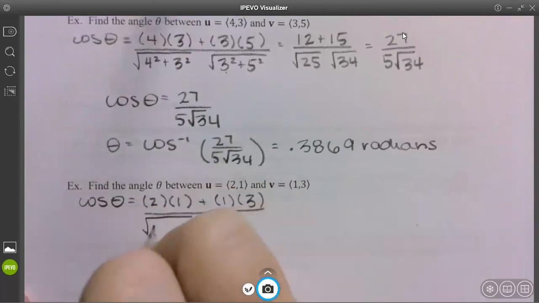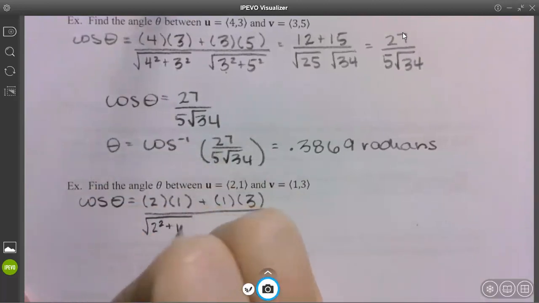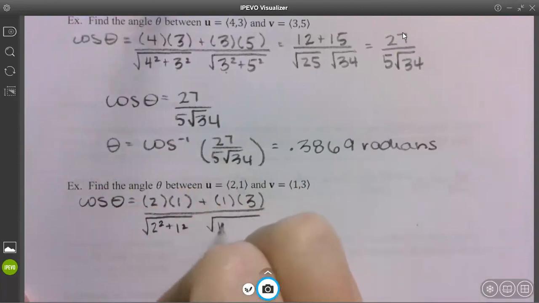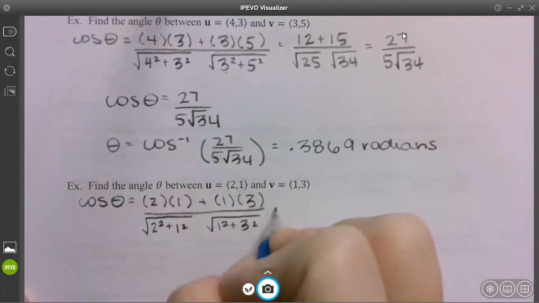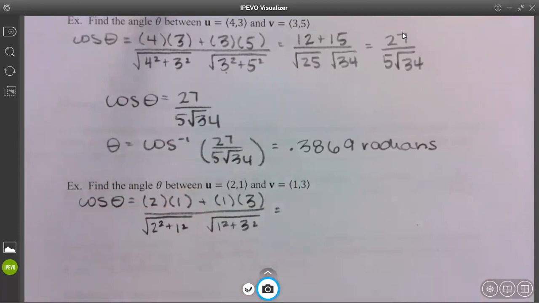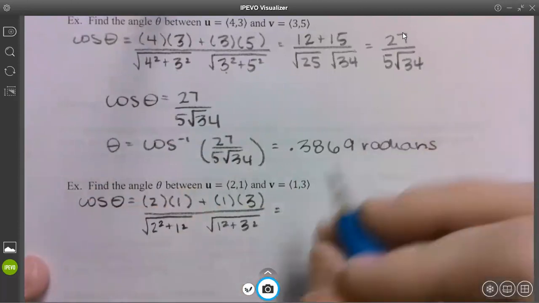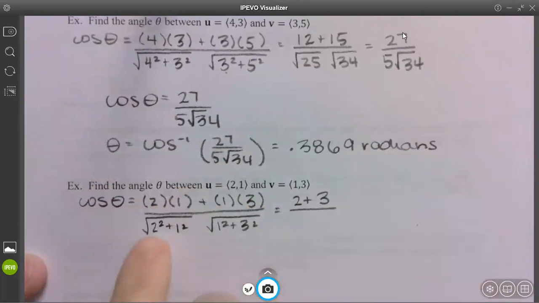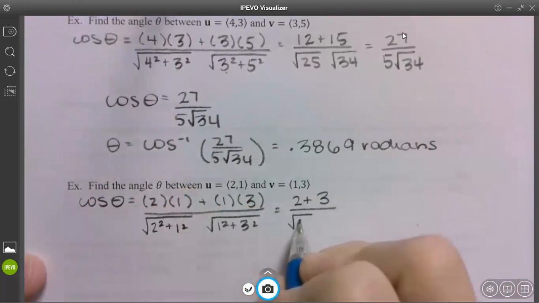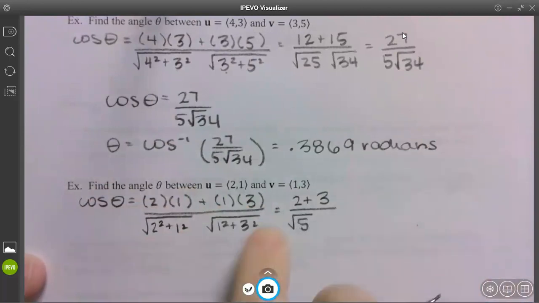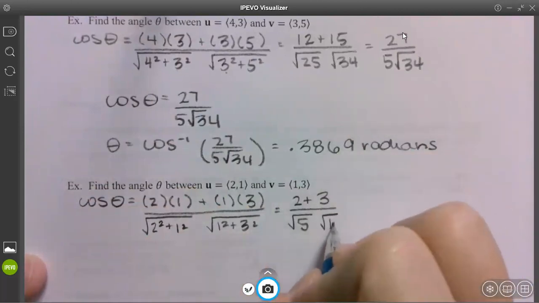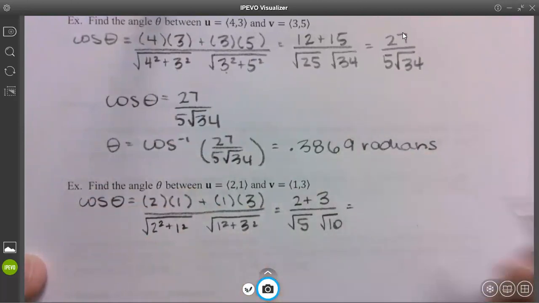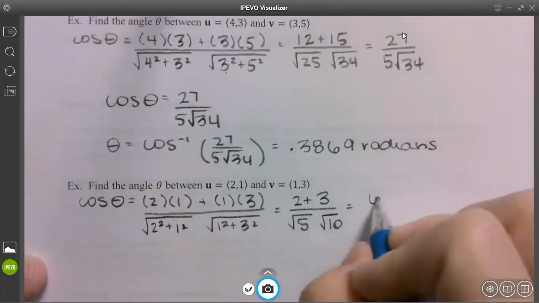Your magnitudes, 2 squared plus 1 squared, and then 1 squared plus 3 squared. 2 times 1 is 2, 3 times 1 is 3. 2 squared is 4, plus 1 squared is 1, 4 plus 1 is 5. 1 squared is 1, 3 squared is 9, add them, we get 10. 2 plus 3 is 6.